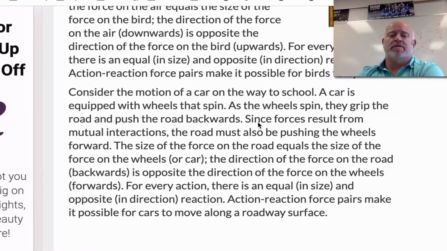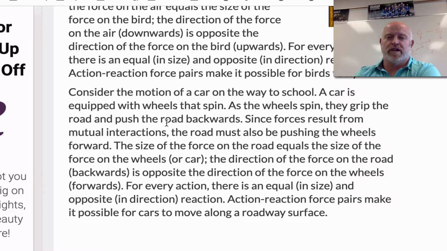The car one is probably the one I want to spend the most time on because it might not be as easy to recognize, but it's probably most useful for us because we're not a bird and we're not a fish. If you drive a car, the car is hooked up to an engine, and that engine causes the wheels to spin. The wheels spin in such a way that they grip the road, and they push the road backwards. It seems weird to think about, but if you focus on the car and said the wheels spin, you could say that the car stays still and that the earth moves backwards.